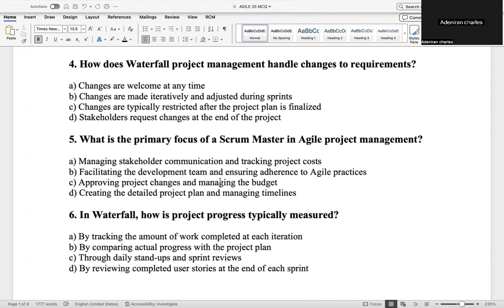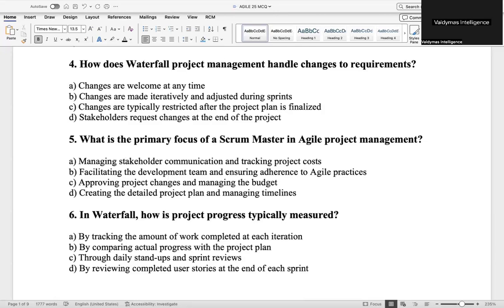But if you look at B, facilitating the development of the team and ensuring adherence, that seems like a holistic responsibility that encompasses even the other ones. So that's why I think B seems like the answer. The others are also part of his responsibilities.